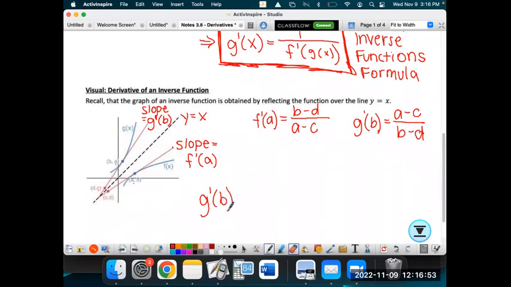Well, I know that it's the inverse function of f, so technically I can use the inverse derivative formula. So I want you to go ahead and use that inverse derivative formula that I have at the top of the screen and fill that out, but use b as our input instead of x.